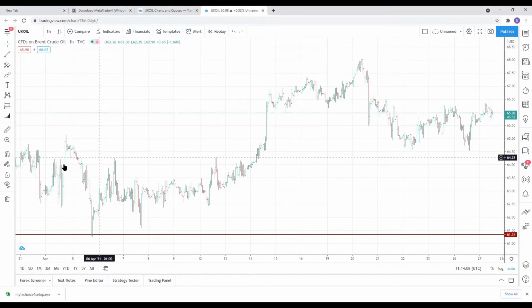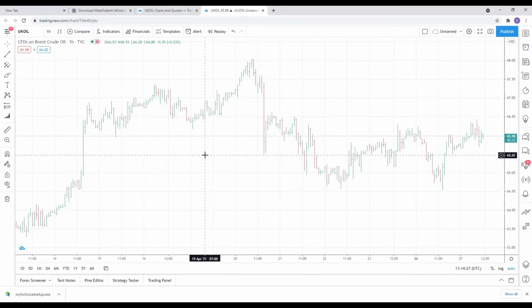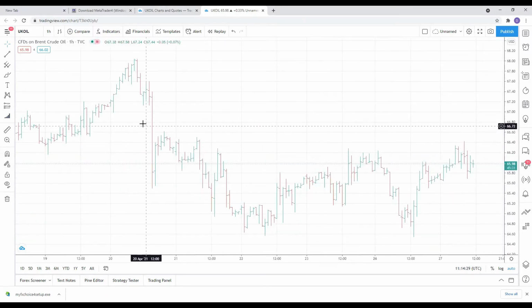This is a bar chart. A bar chart also plots the price of the asset, and it shows how the asset price changed over time. However, it provides additional information. Each bar shows the highest price, the lowest price, the open price, and the closing price.